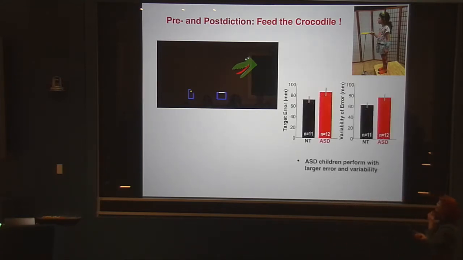Results are here. We have a target error, which means how exactly do they hit the center of the crocodile's mouth. And neurotypical children have lower error than ASD children. And if we just look at the standard deviations over batches of trials, their variability is lower in neurotypical and higher in ASD.